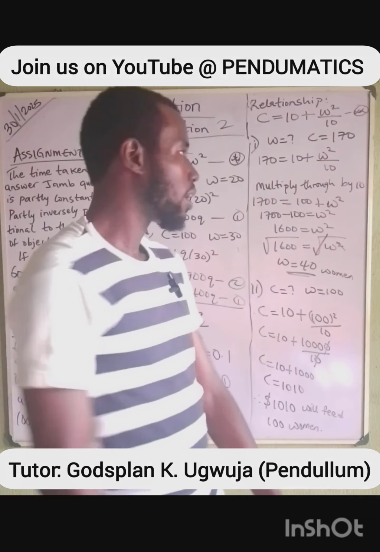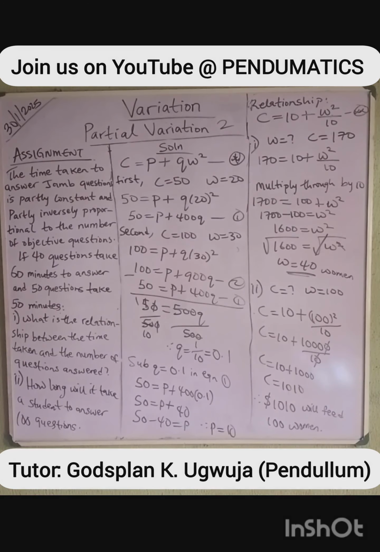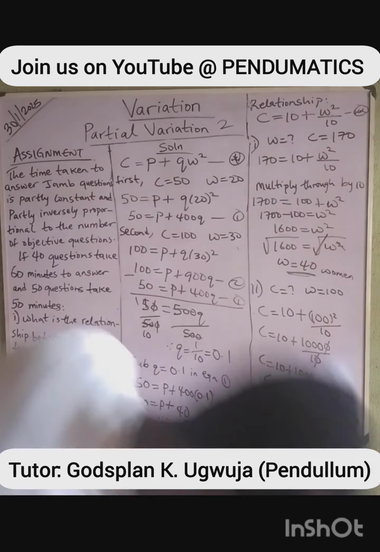Alright, so I think this is okay. So you should be able to solve this. I'm thinking of adding to the question, okay, let me add another one. How many questions will a student be able to answer in 30 minutes? Okay, that's the last question.